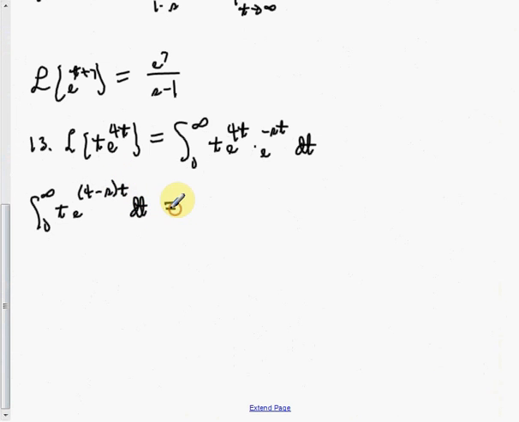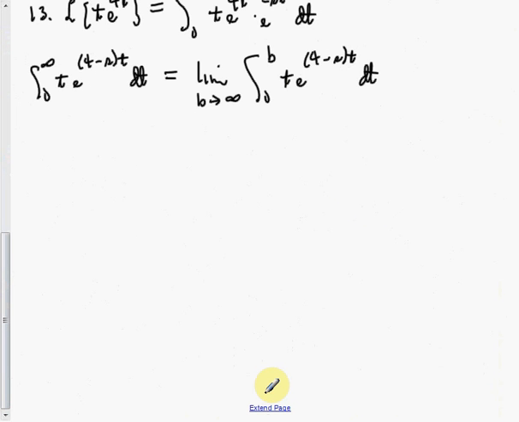Well, I don't know if you like my notation, so we'll go back here and write it like this then. The limit as b goes to infinity of the integral from 0 to b of t times e to the (4 minus s)t dt. Integrate by parts. I use the tabular method.